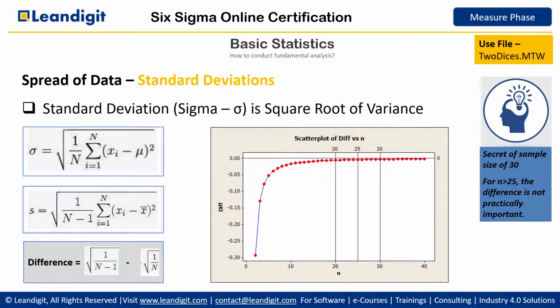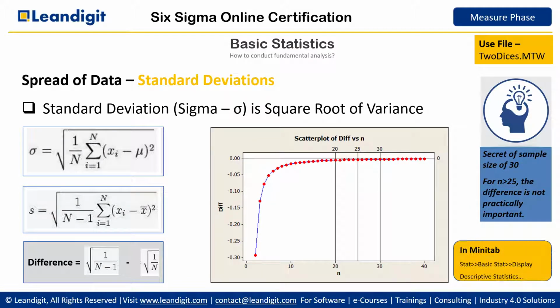So if you ask any statistician or any black belt or green belt, what is the number of samples you should collect, or what should be the sample size, they will always tell 30, because it is safe, because here the standard deviation will represent the population.